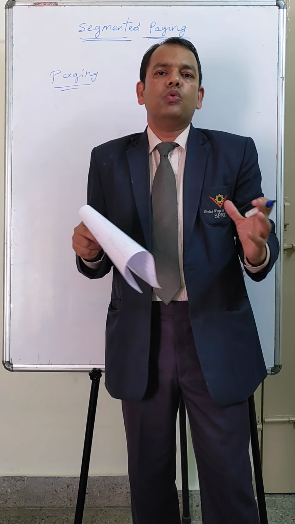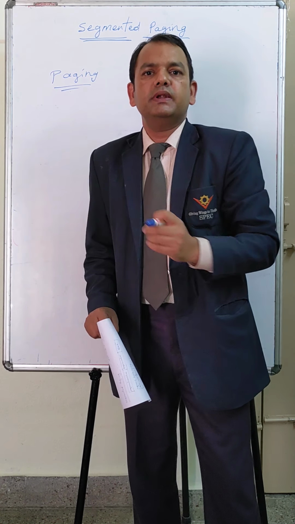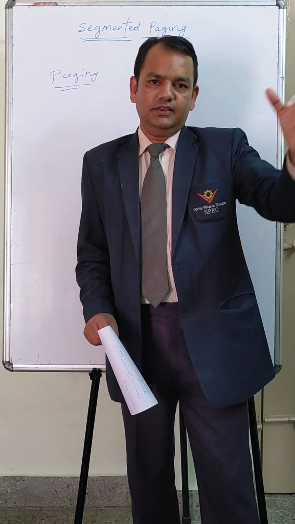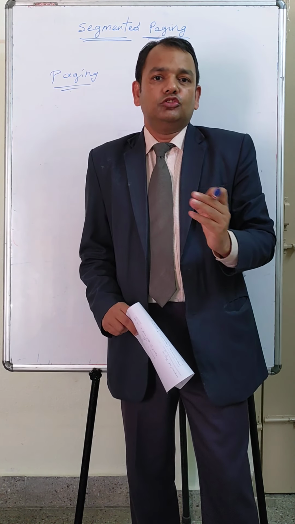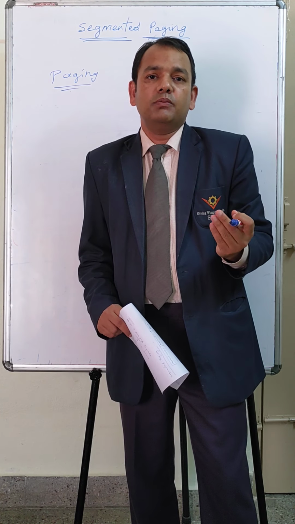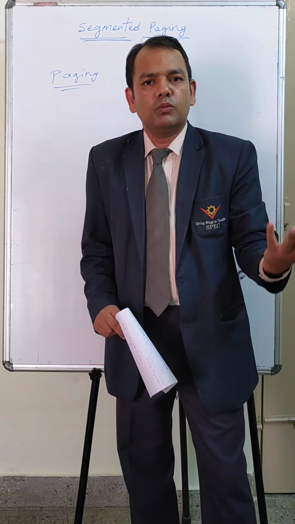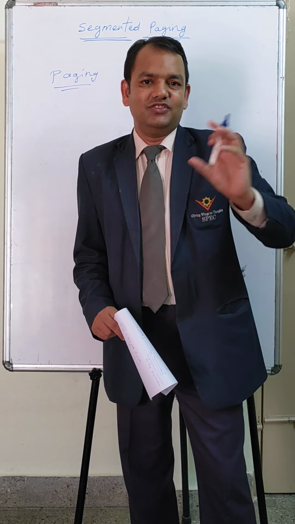A programmer writes a program in different segments. The program is one segment, the data part is one segment, the stack is one segment, the symbol table is one segment. Suppose a programmer is using a function like square root, it will be one more segment. So segment size here varies.